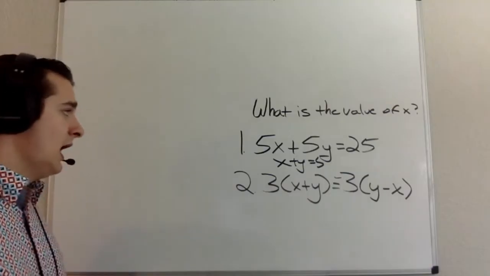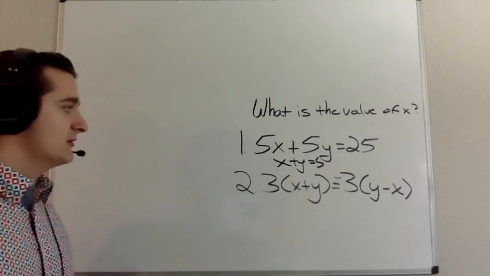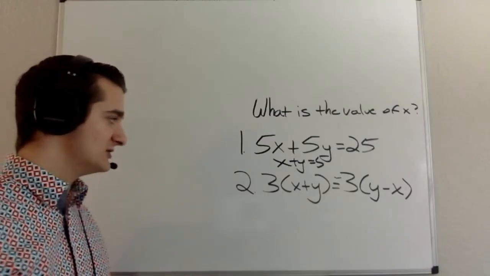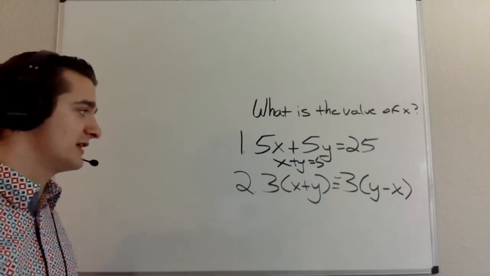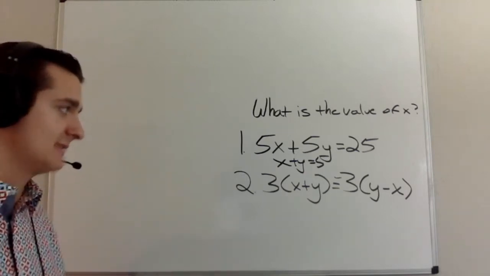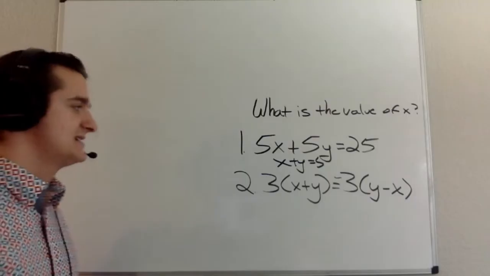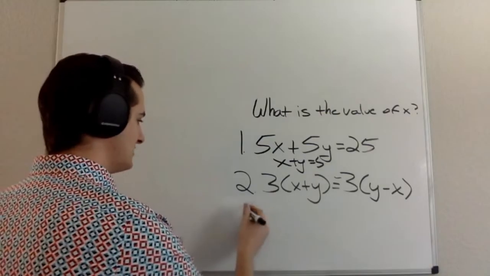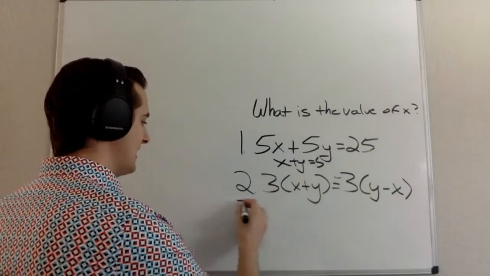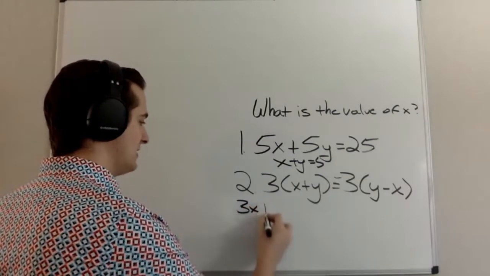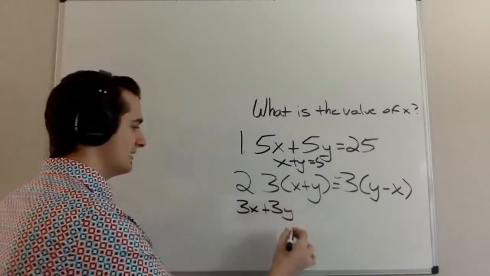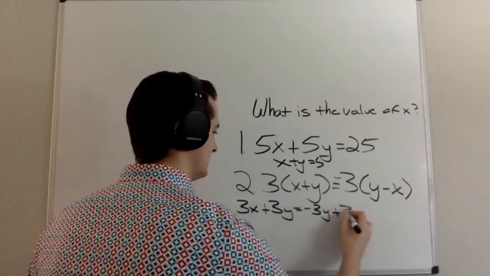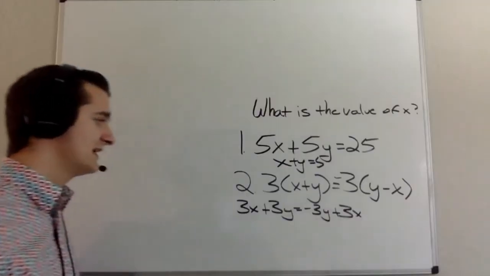The danger here is to look at this and say right away, okay, I have one equation with two variables, I'm not going to be able to solve for anything. But that's not necessarily the case. What happens here is when I distribute the 3, I get 3x plus 3y is equal to negative 3y plus 3x.